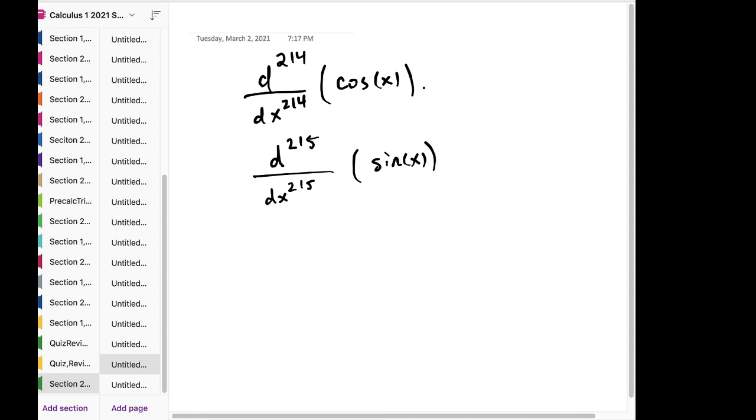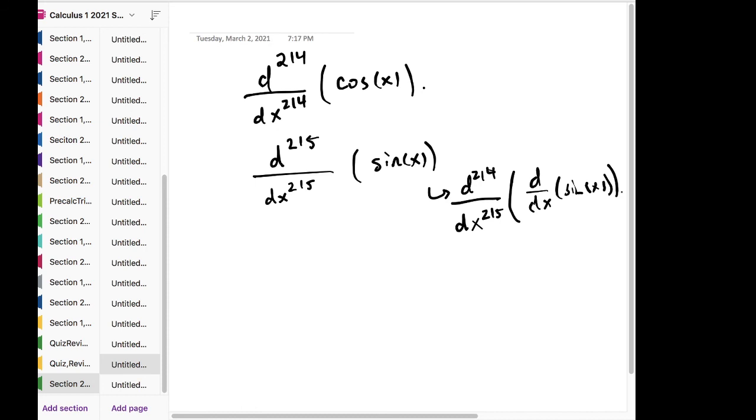Good, yeah. Because this is the 214th derivative over dx of the derivative of sine x. So now let's do it on 215.